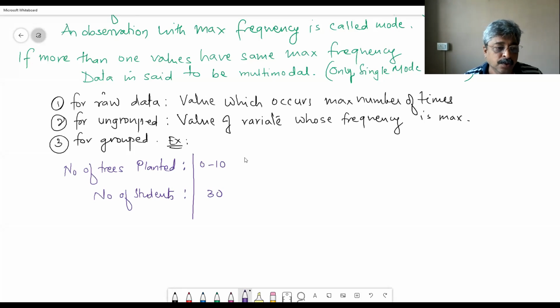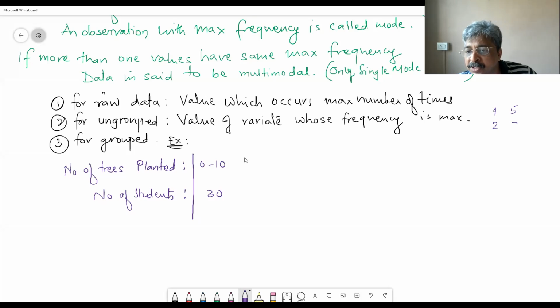Sir, isn't raw data and ungrouped one and the same? See, in ungrouped data, you have the value of variates and they are clubbed together with the frequency. Suppose there are 10 students. Student number 1 has got 5 marks.